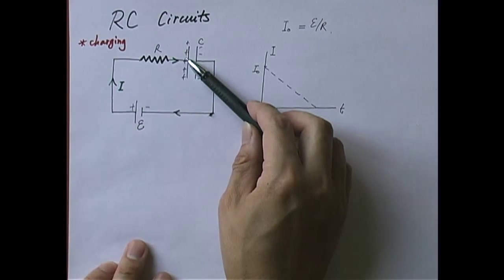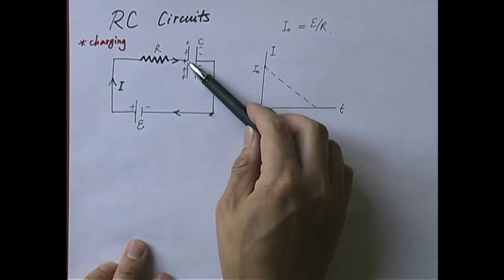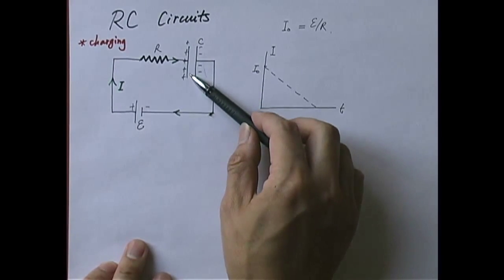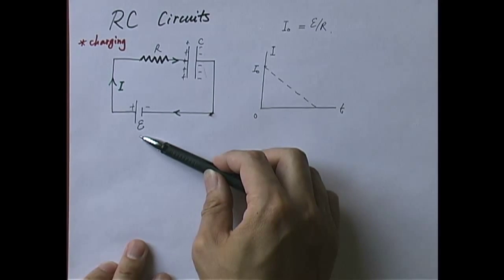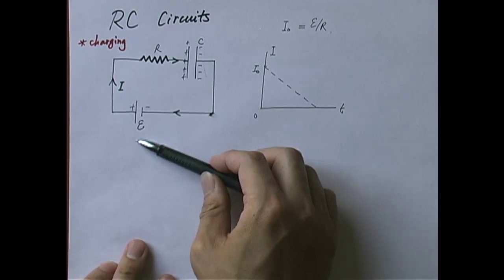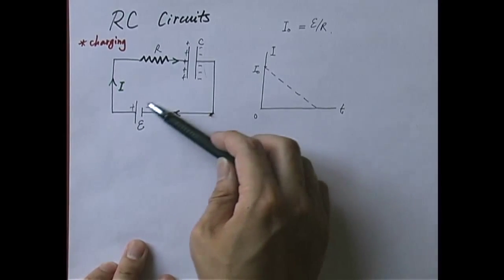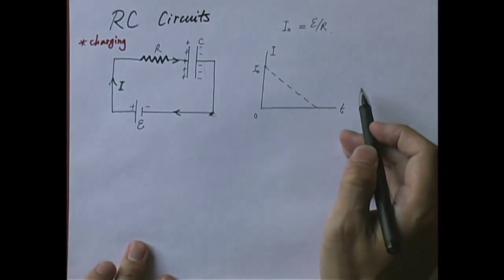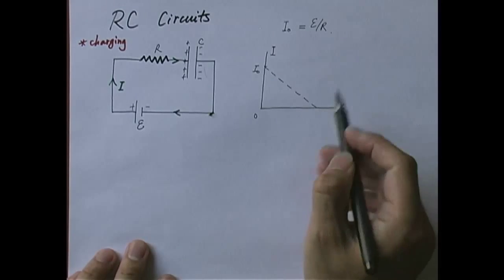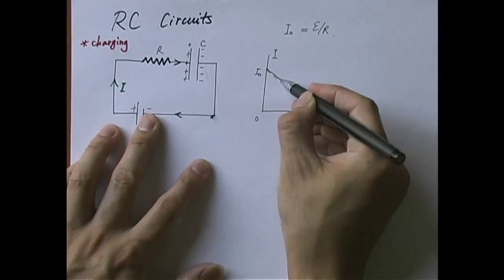So it's going to take a lot of time for enough charge to deposit on it, so that the difference between this delta V and this EMF completely goes down to 0. As the charging goes on, it's going to take longer and longer time for the same amount of charge to flow through. So you can imagine the current will not die down immediately. Rather, it's going to do something like this.